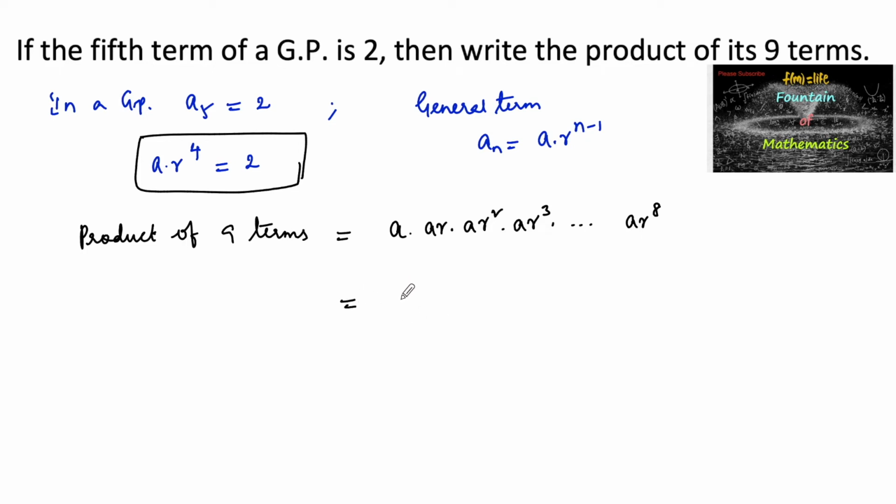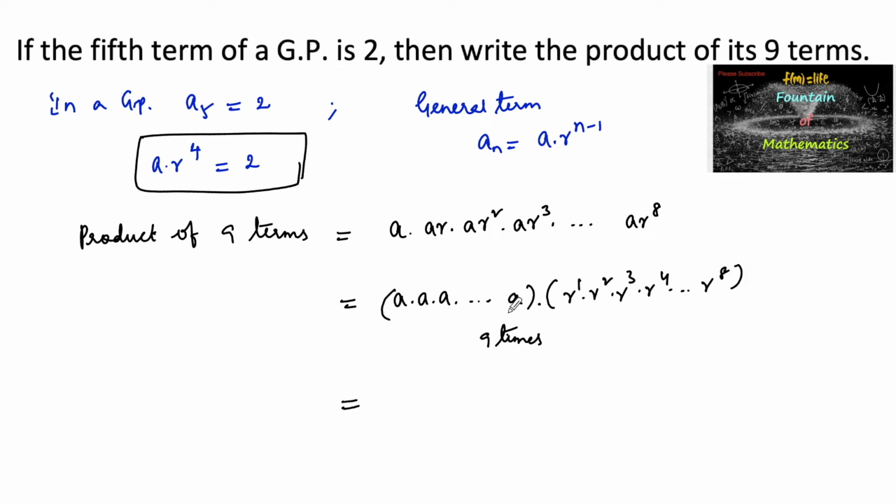Which is equal to a into a into a, and so on, 9 times, and again r to the power 1 into r to the power 2 into r to the power 3 into r power 4, and so on up to r power 8.